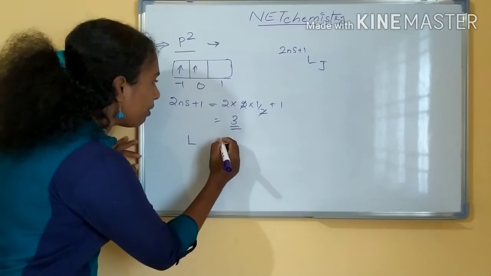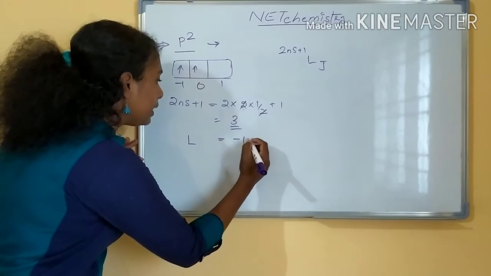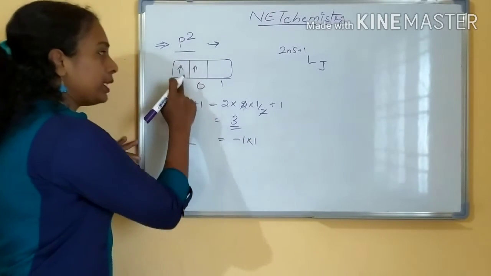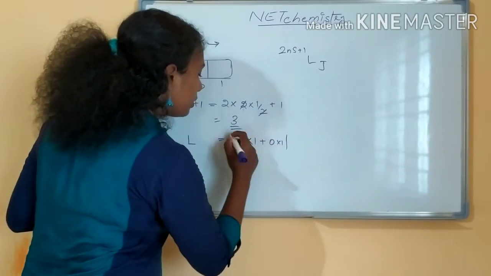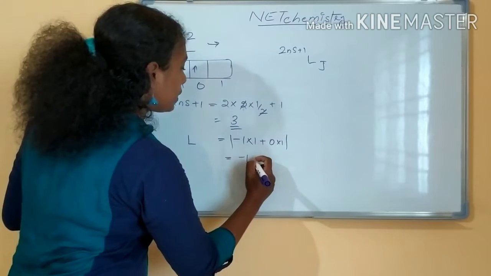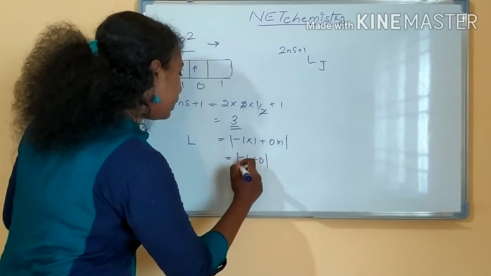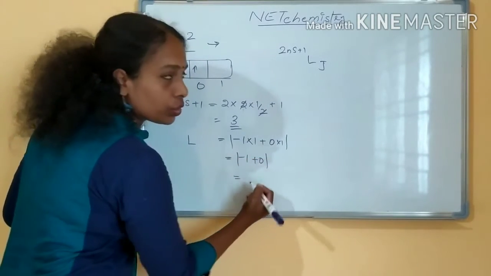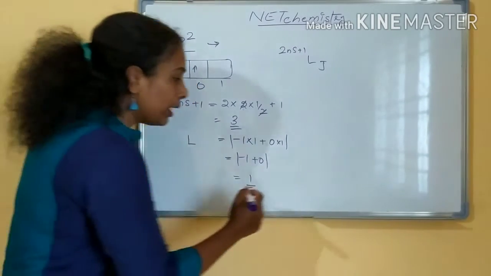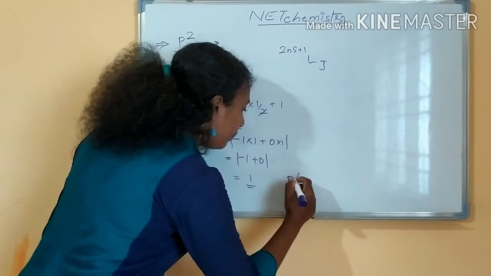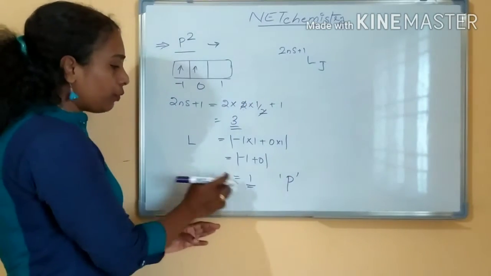And next, the L value you have to calculate: -1 into 1 plus 0 into 1, right? This modulus you have to take, -1 plus 0 you will be getting. So when you take the modulus of -1 you will be getting 1. L equal to 1 represents P, right? L equal to 1 you have got.